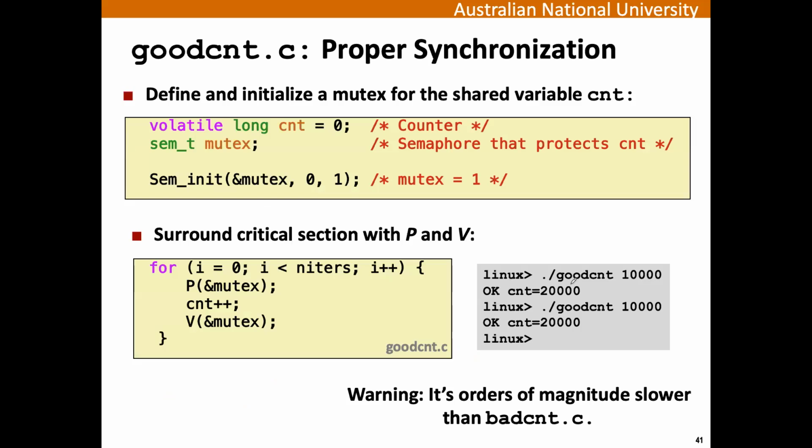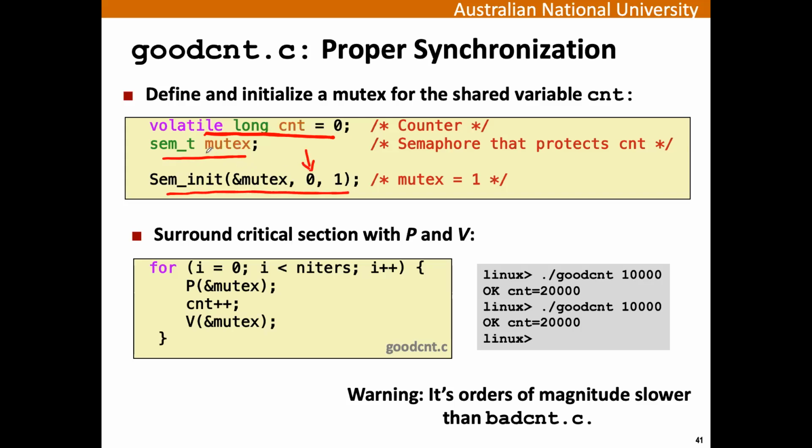So here we have the semaphore mutex. We create it using the type sem_t. We have the count variable from the previous example. So we initialize the mutex. The middle argument is always 0.